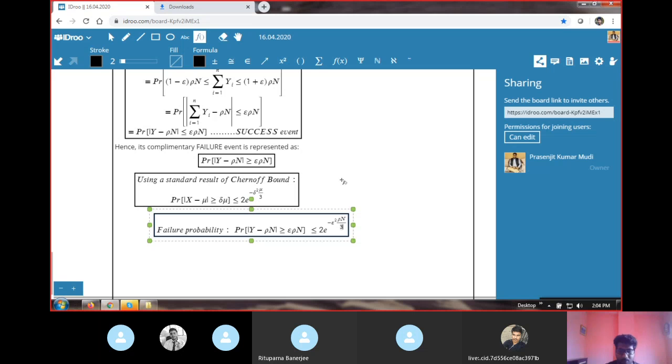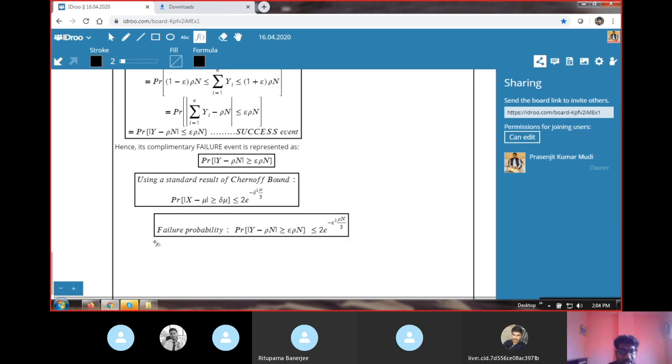Okay, so we have this result. Failure probability is not more than 2 times exponential minus epsilon square rho n by 3. This is the result. That means success probability will be greater than or equal to this one.